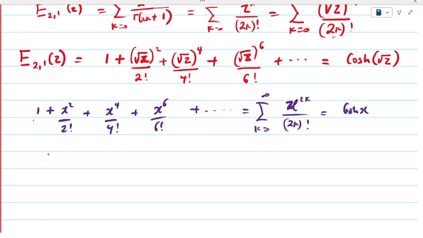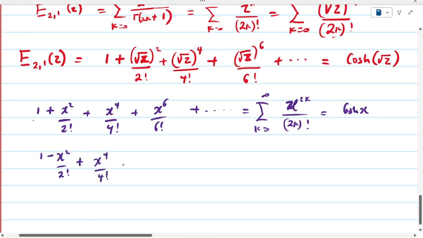If you have it as 1 minus x squared over 2 factorial, if the sign is changing, plus, minus, plus dot dot dot, this will give you cos x.